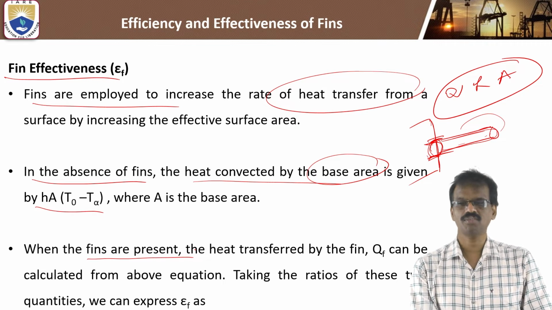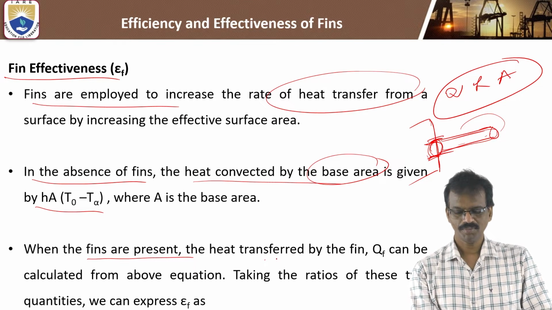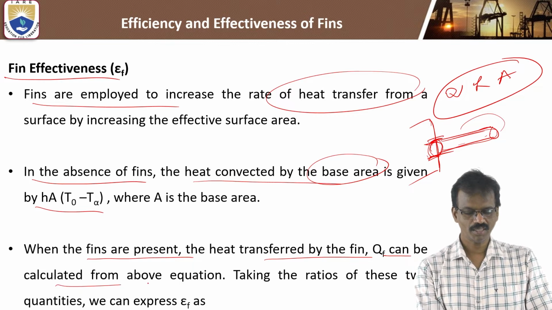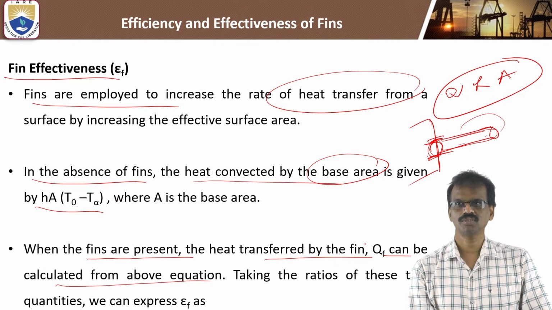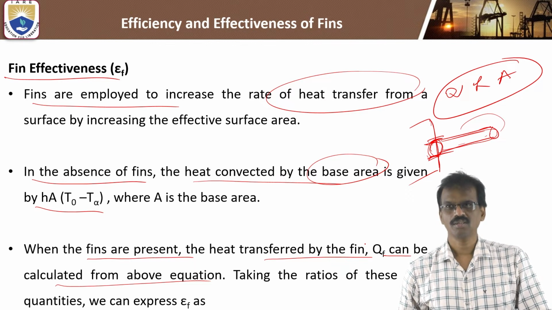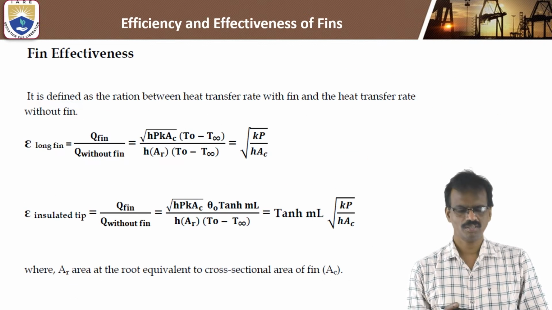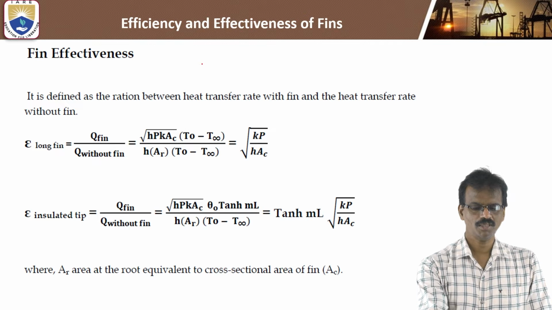When the fins are present, the heat transfer by the fin, qf, can be calculated by the above equation. Now we will see the ratio for the effectiveness. Effectiveness is represented by epsilon.